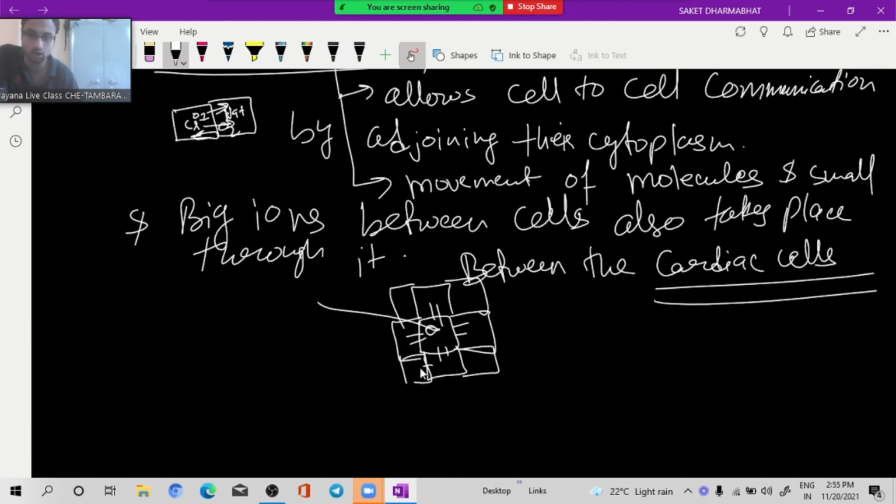All the cells, and all the cells are connected to each other. So if the nerve impulse of contraction comes into this middle cell, it will contract. Because of that, the same current will flow into whatever cells it is connected to, and these cells will also contract along with this cell.